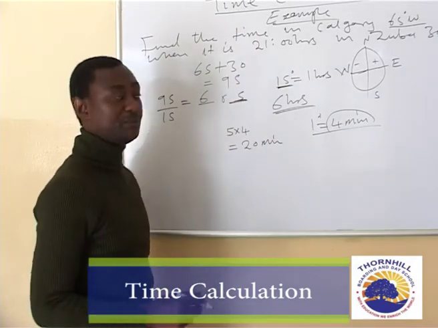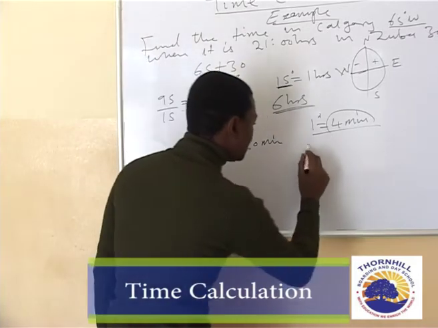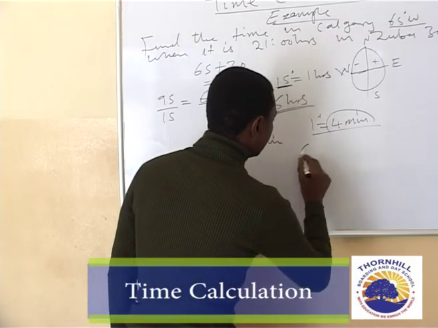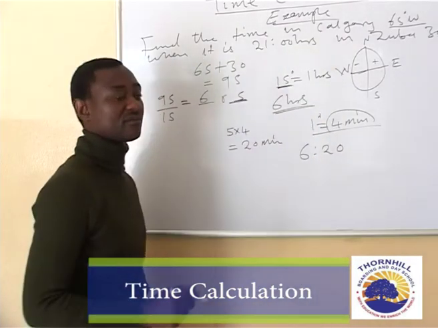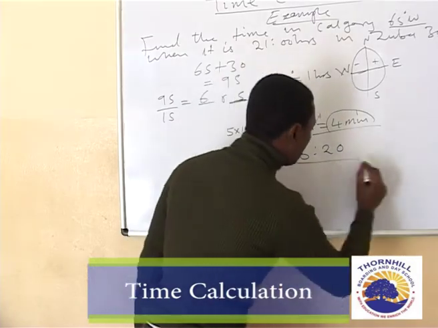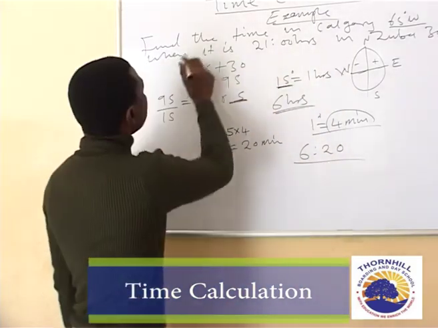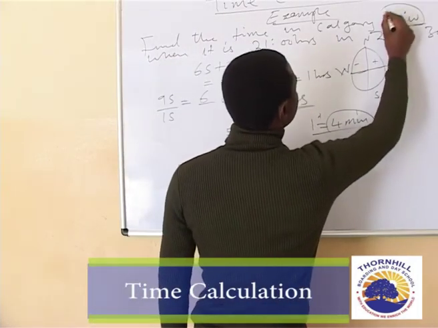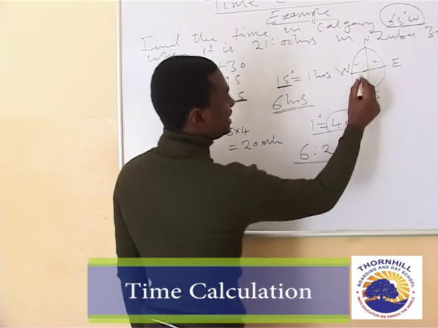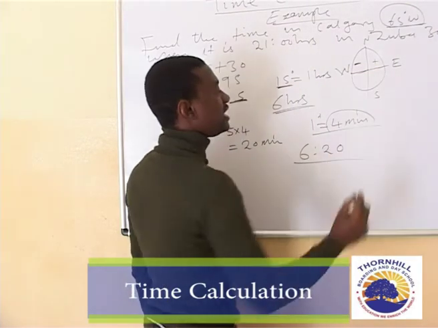Therefore, the time difference between Calgary and Suva is 6 hours 20 minutes. But the question says, find the time in Calgary. And Calgary is on the western side, meaning time is reducing.